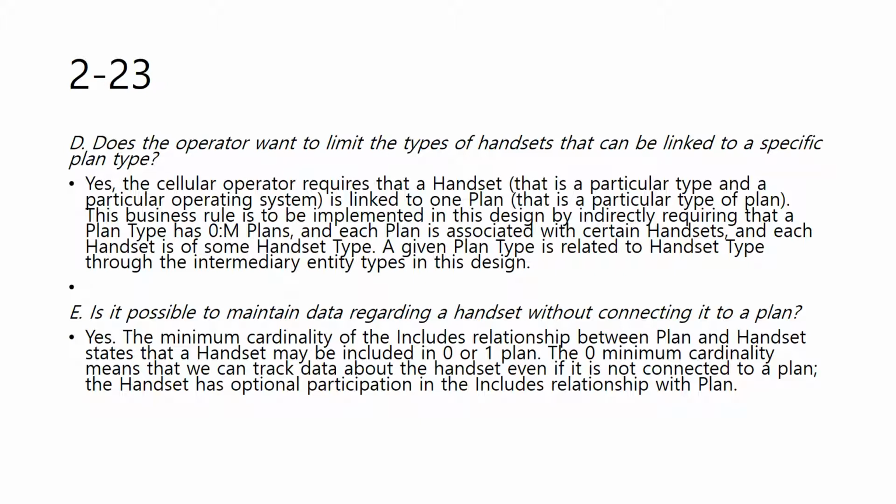The 0 minimum cardinality means that we can track data about the handset even if it is not connected to a plan. The handset has optional participation in the includes relationship with plan.